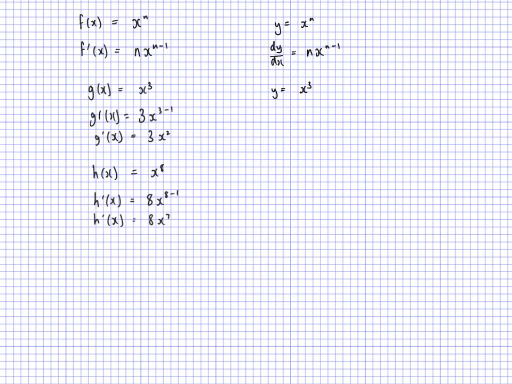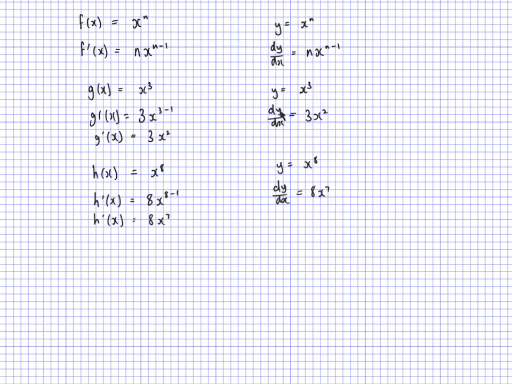When I differentiate that one, I will get dy over dx is equal to 3x squared. Or if y was equal to x to the power of 8, this becomes dy over dx equals 8x to the 7.